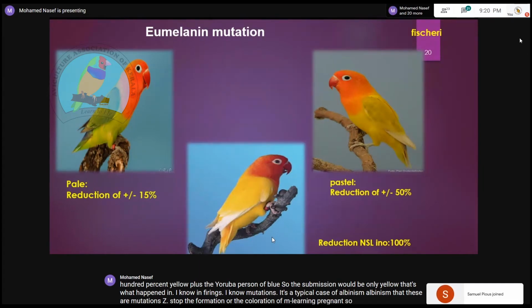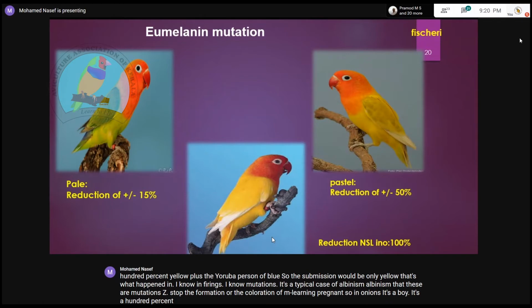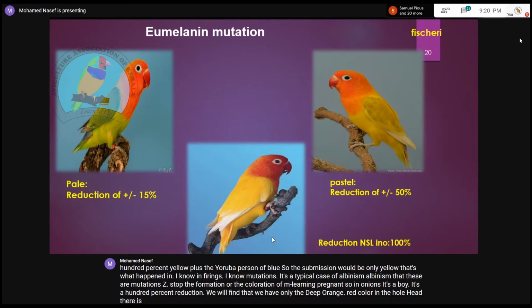So in Inos, let's apply the 100% reduction. We will find that we have only the deep orange red color in the whole head. There is no bronze olive color in the neck.